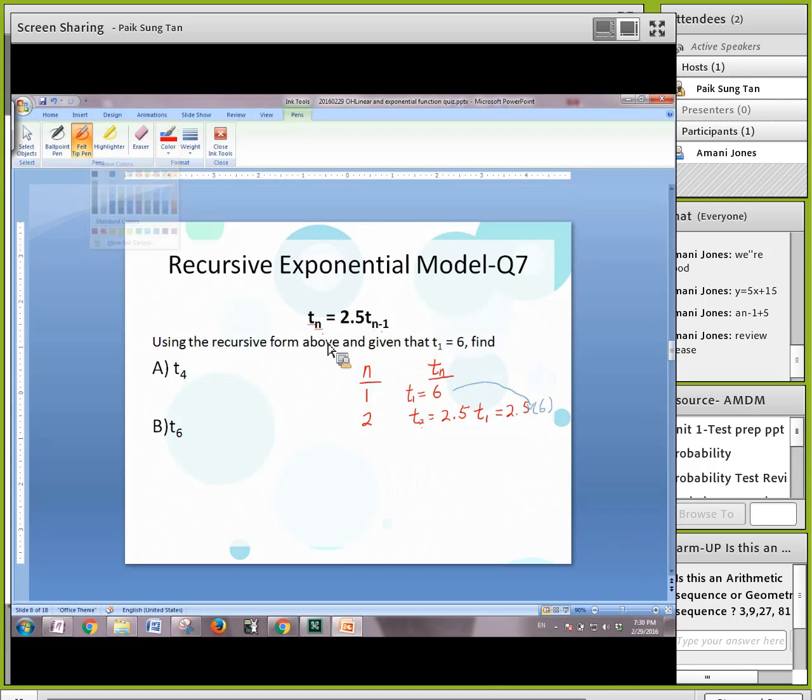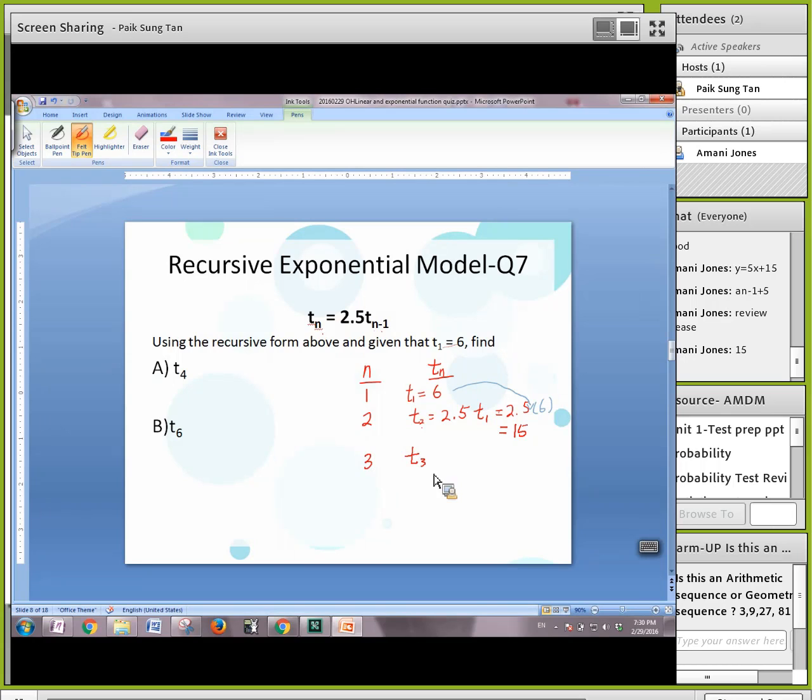The number comes here, which is 6, and that gives me 2.5 times 6, which is 15. That's T2. Oh yeah, you got it.